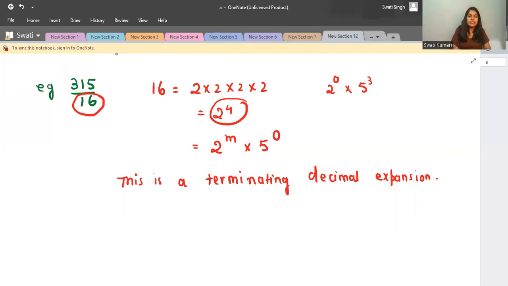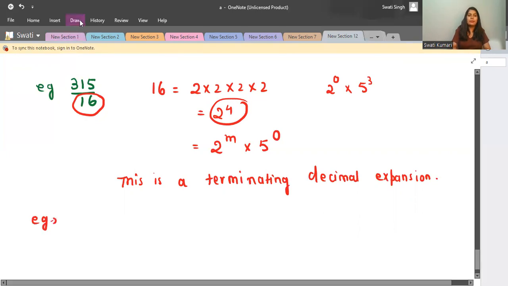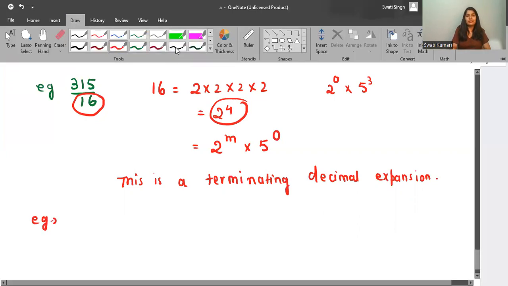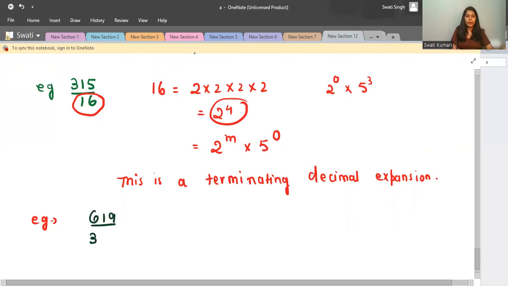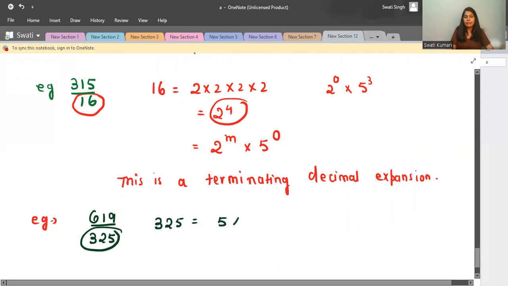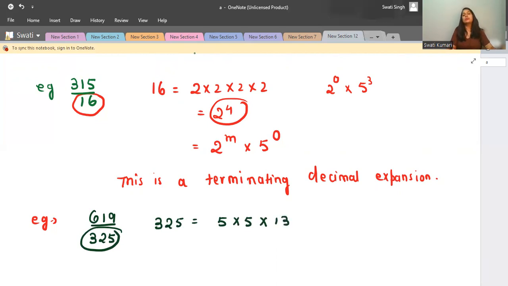All right. So for example, let us see one non-terminating decimal. That example is basically 619 upon 325. If you take the denominator and do the prime factorization of 325, it is basically 5 into 5, 25, and 25 into 13 is going to be 325.